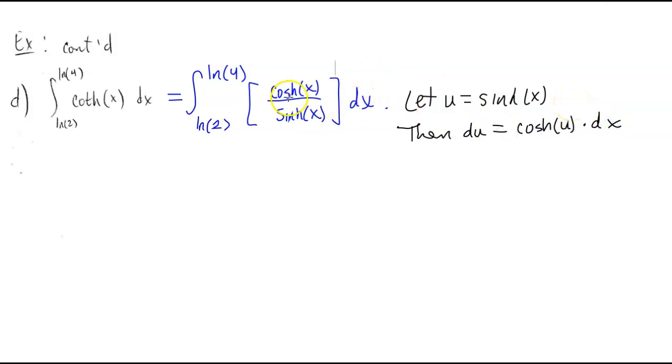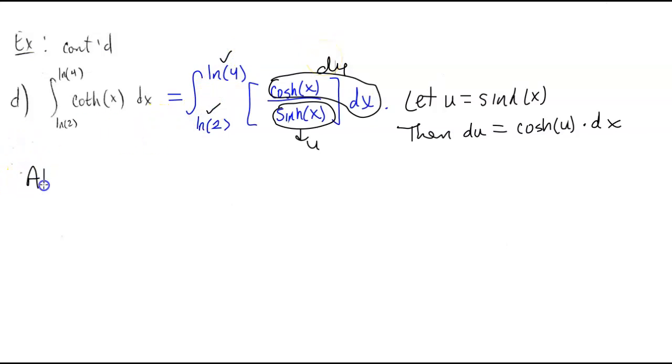And so because of that, we're going to have all of this replaced with du, and this replaced with u. And now the last thing that we want to do here to make life easy for ourselves is to go ahead and rewrite our limits of integration in terms of u instead of being in terms of x.